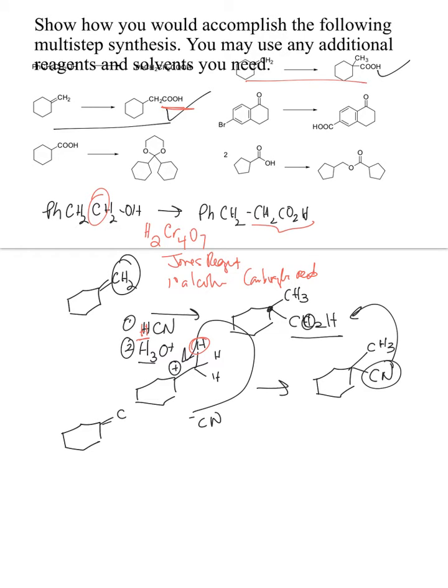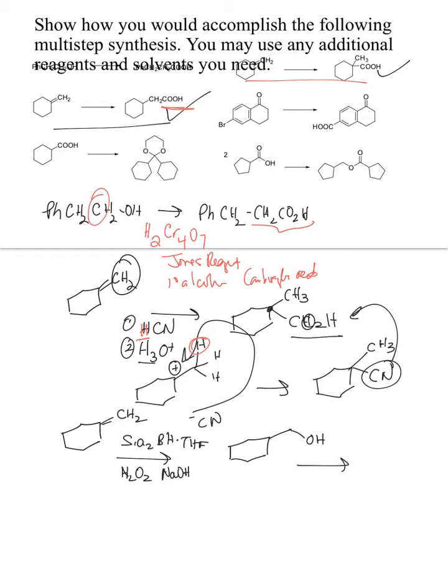So the way I would do that is I would do this Sia2BH borane, and then you oxidize that with hydrogen peroxide and some base. That's going to give you the anti-Markovnikov alcohol.